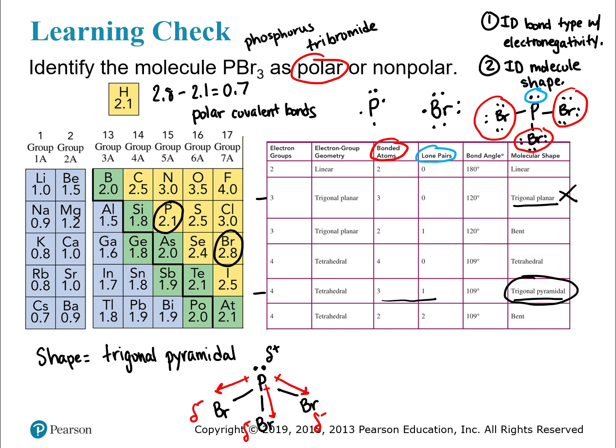So I did 2.8 minus 2.1 because I've got bromine and phosphorus as part of my bond. So I've got 3 bonds, and they're all between phosphorus and bromine. So I figured out the difference in electronegativity between those two elements.